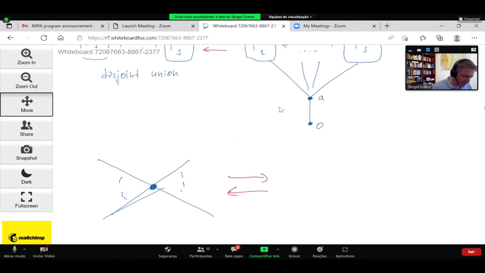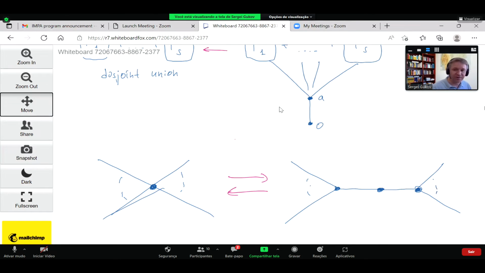So what happens here is that we keep the rest of the diagram unchanged, create a new vertex, and connect it to the rest of it. So let's see. This should work.